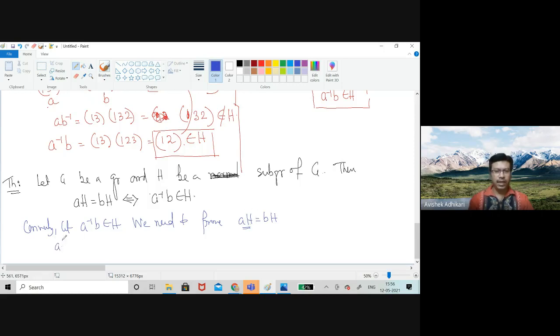AH belongs to small h, to show AH is contained in BH.